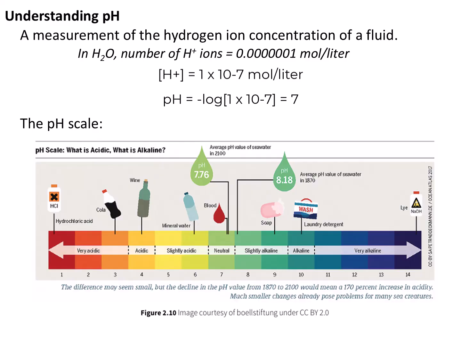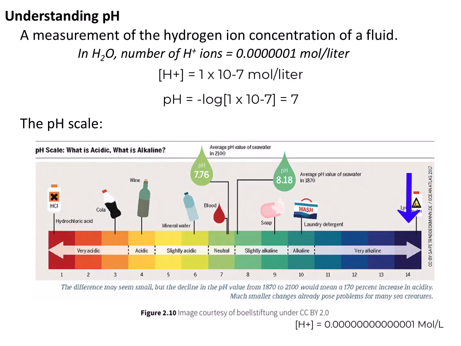So let's now look at the other end of the pH scale where we have the very alkaline solutions or basic solutions. When we have a solution with a pH of 4, that means the solution contains hydrogen ions at a concentration of 0.0000000000001 moles per liter.